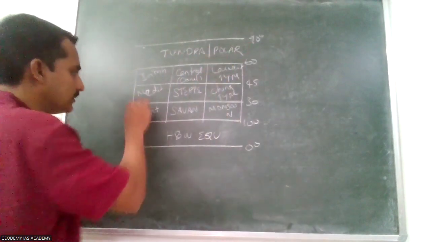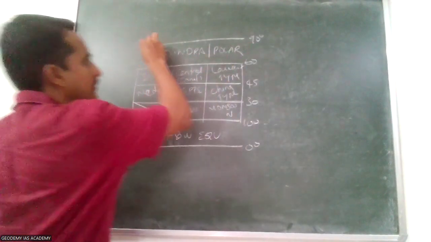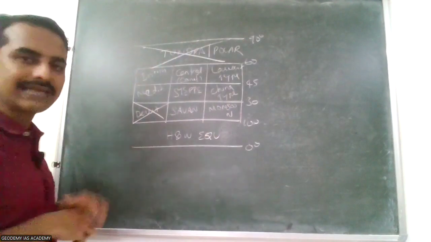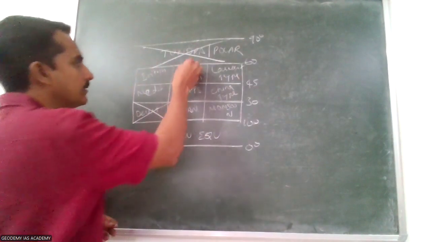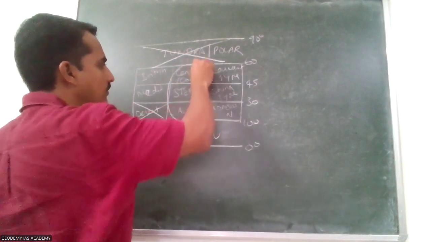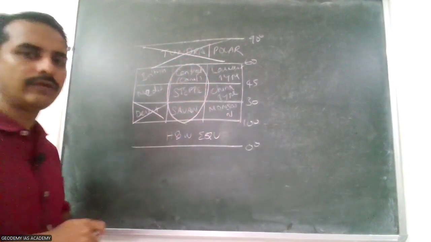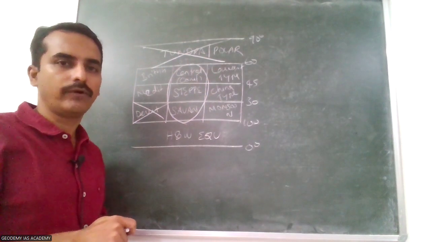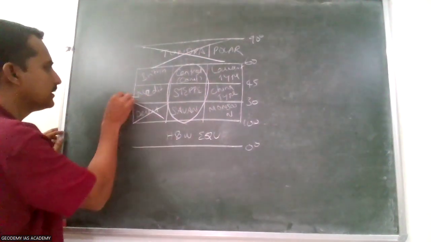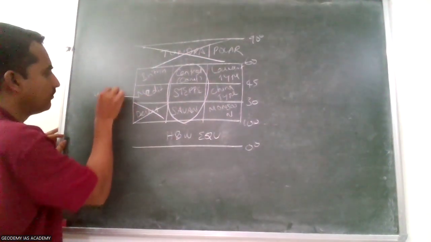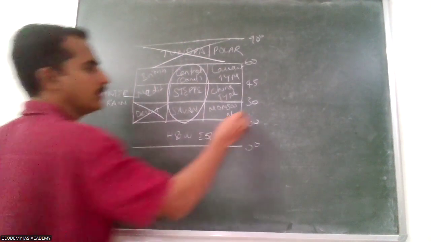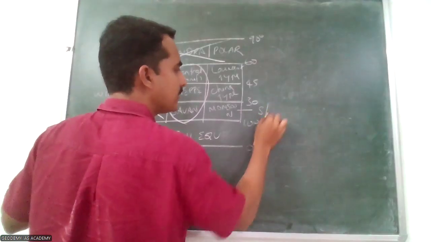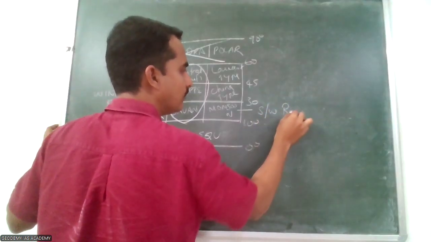Okay, so this region and this region will have very scanty rainfall, very little rainfall. And these regions will have semi-arid conditions, moderate, and this region has winter rainfall. And this has both summer and winter rainfall.